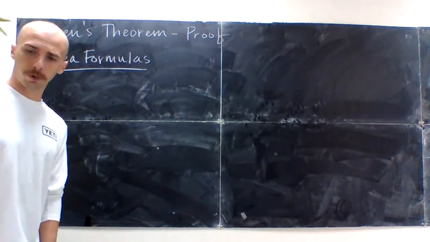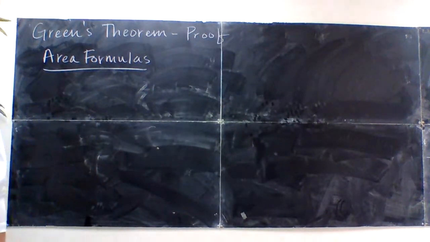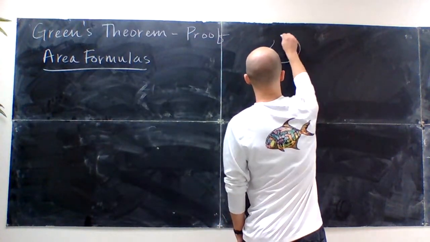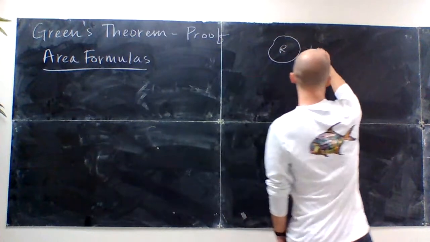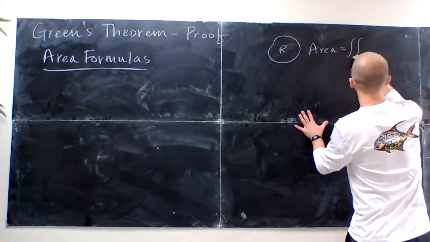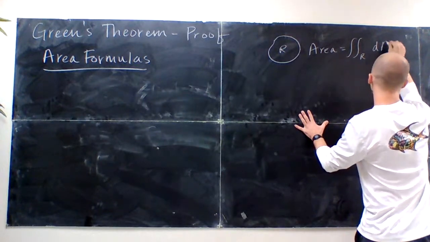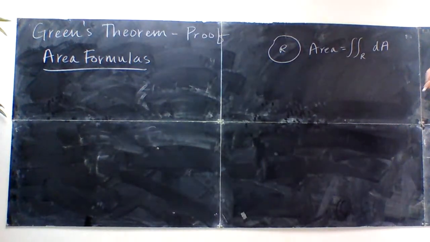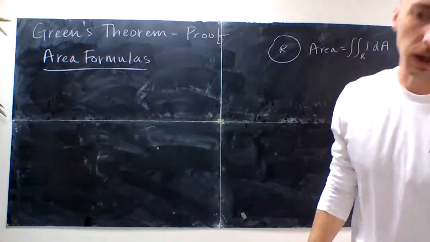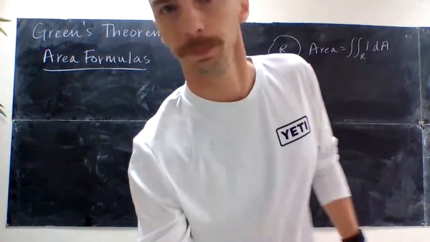But for the area formulas, we know that in the past, if we had the area of a region R, the area was going to be equal to the double integral over R of dA, specifically 1 dA. And then I'm going to rewrite Green's theorem for you.